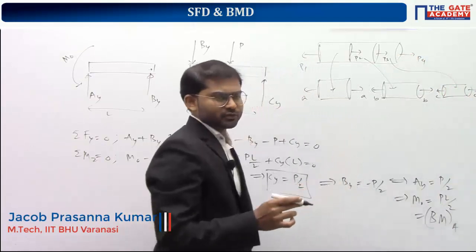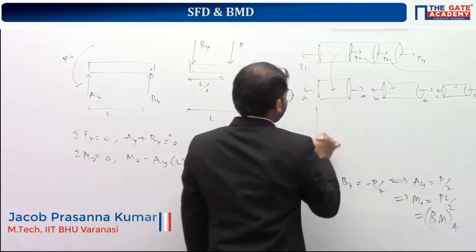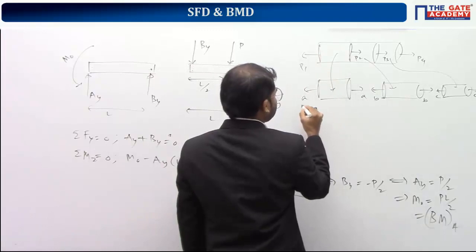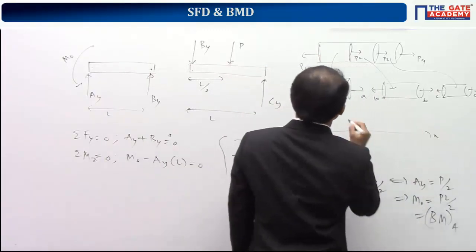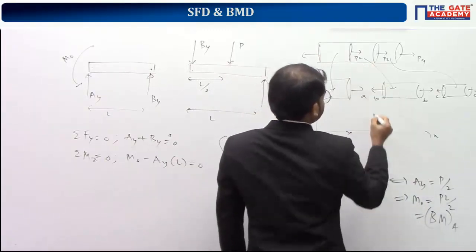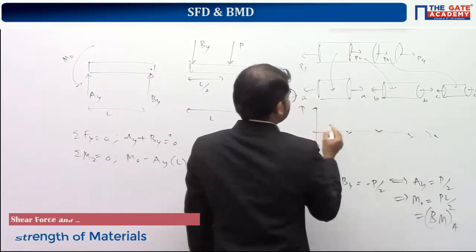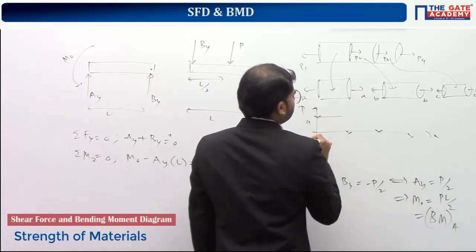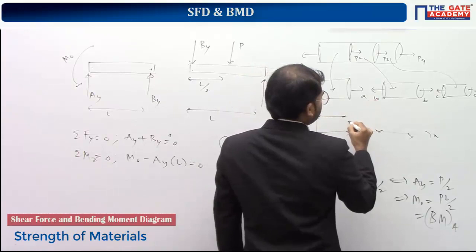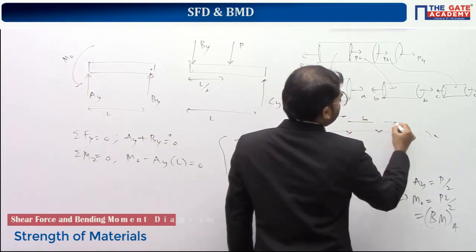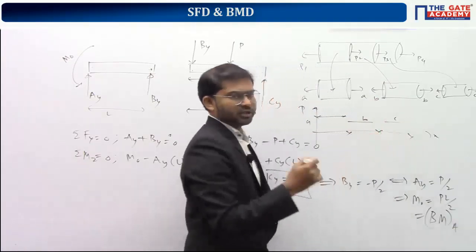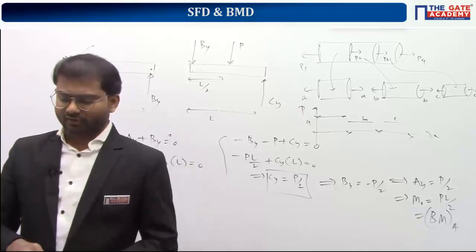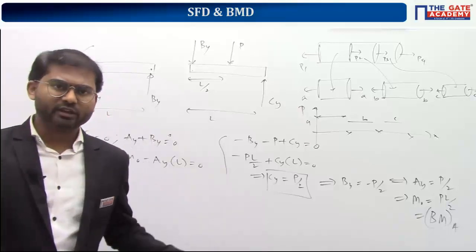So we'll be getting those values. Simply along the length you plot the diagram. So normal force diagram, load P along the x. Here you will show the value of A. Understand? From here to here you will show the value of B, and here to here you will show the value of C. So that is giving you the variation of normal force value along the length of the beam. Same way here also you can see.